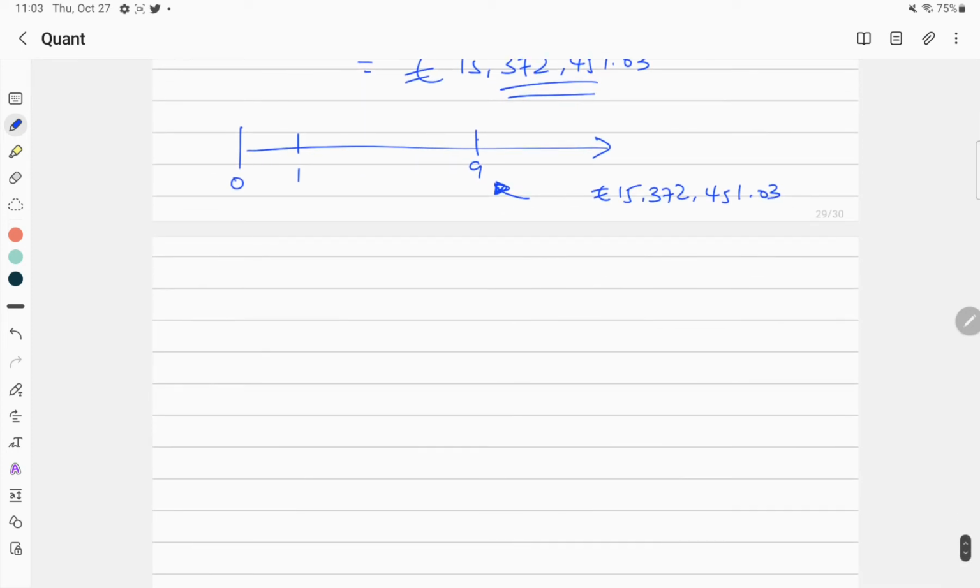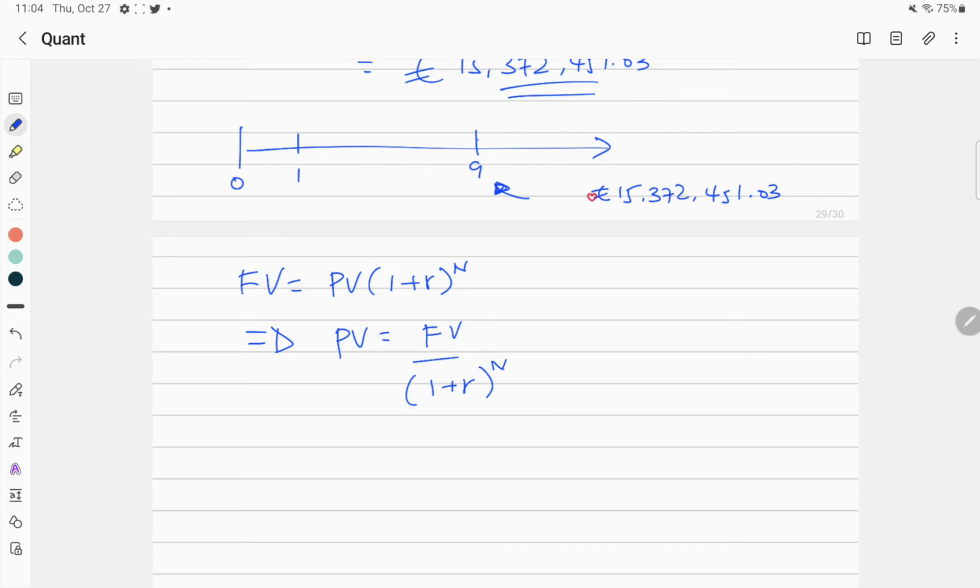And the relationship between present value and future value is simply this. We know from our first lecture that future value is simply present value times 1 plus r raised to n. This gives us that present value equals future value divided by 1 plus r raised to n.